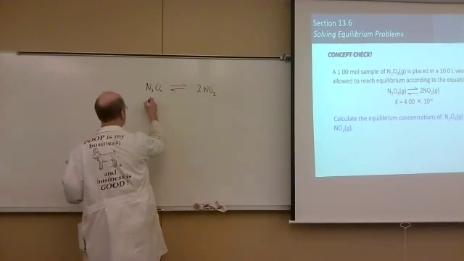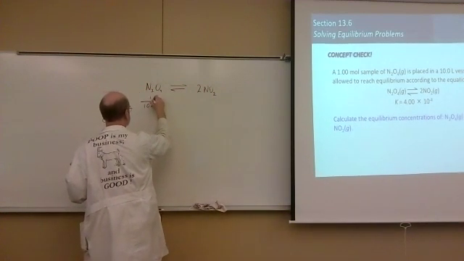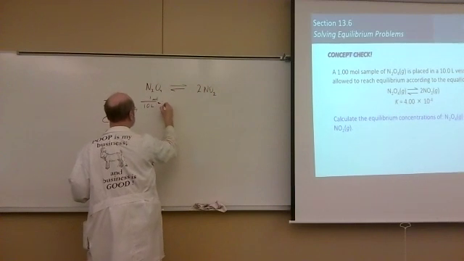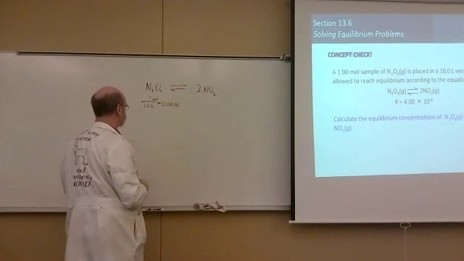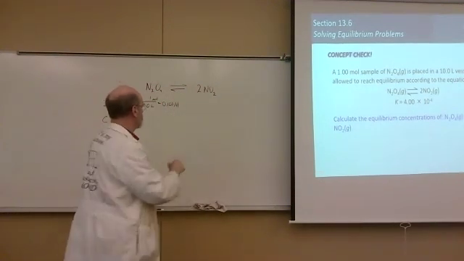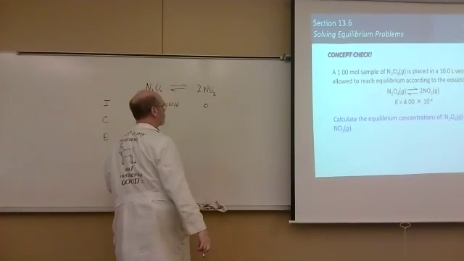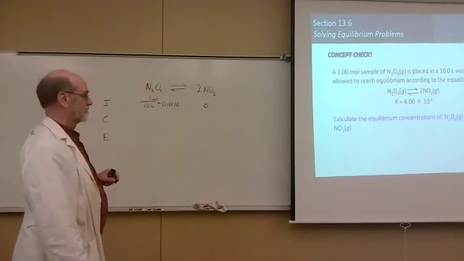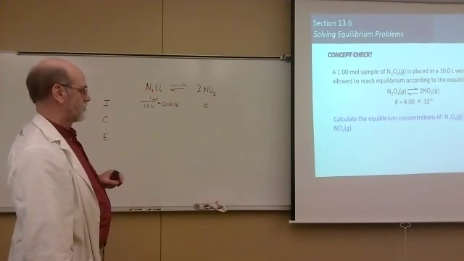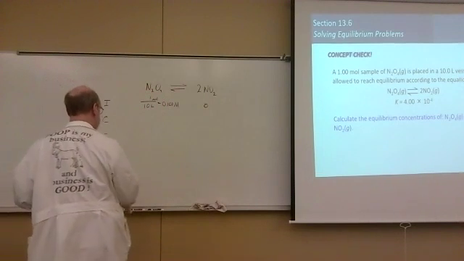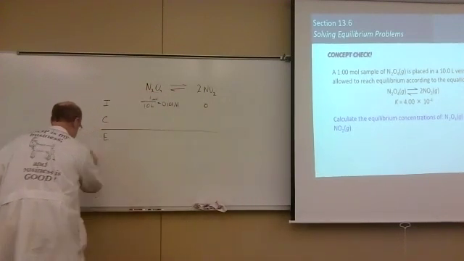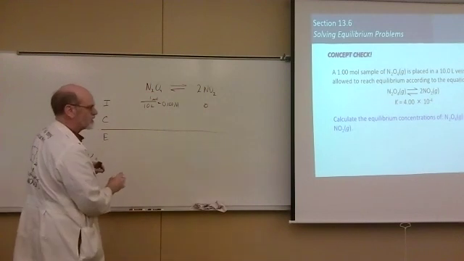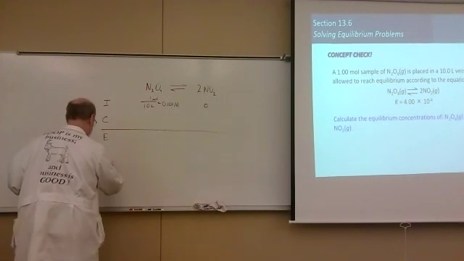So 1 mole in 10 liters is equal to 0.1 molar. And we're starting off with 0 product. We're given the K. We have K is equal to 4 times 10 to the minus 4th.